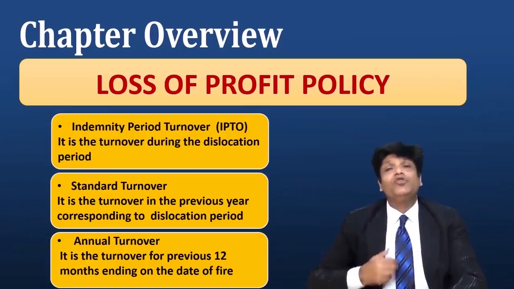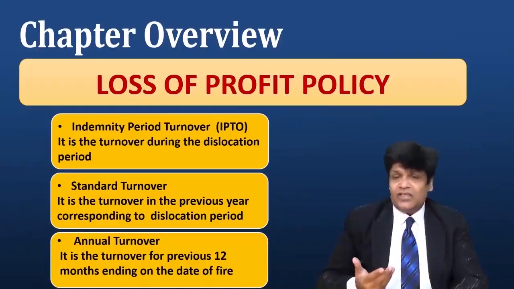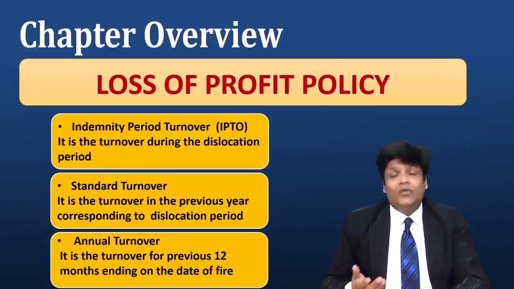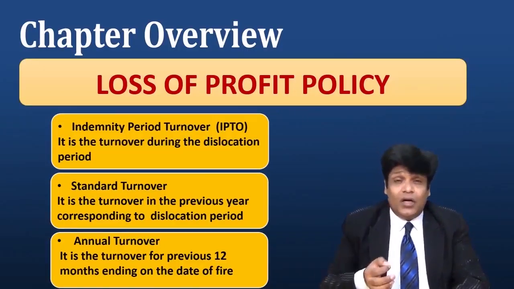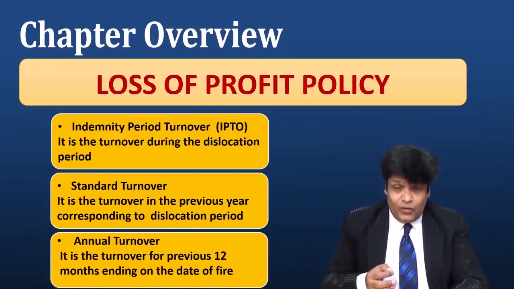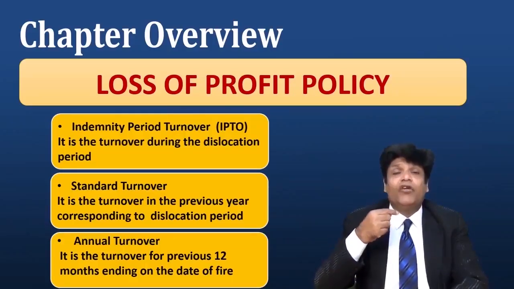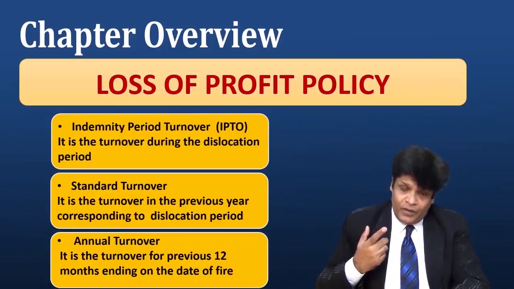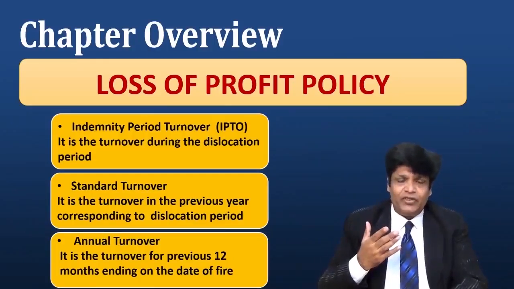And then definitely comes your annual turnover. Sir, what is annual turnover? Annual turnover is turnover in the previous 12 months. I repeat, you can see on your slides. It is the turnover during the previous 12 months but ending on the date of fire. We take the same example, friends.